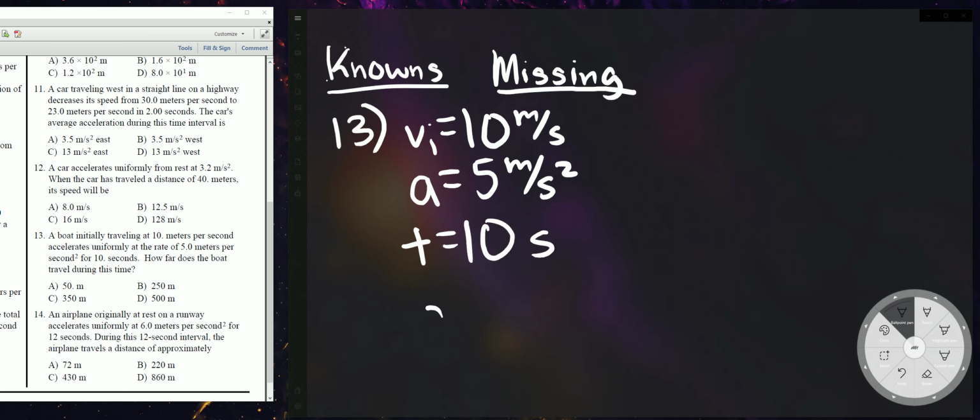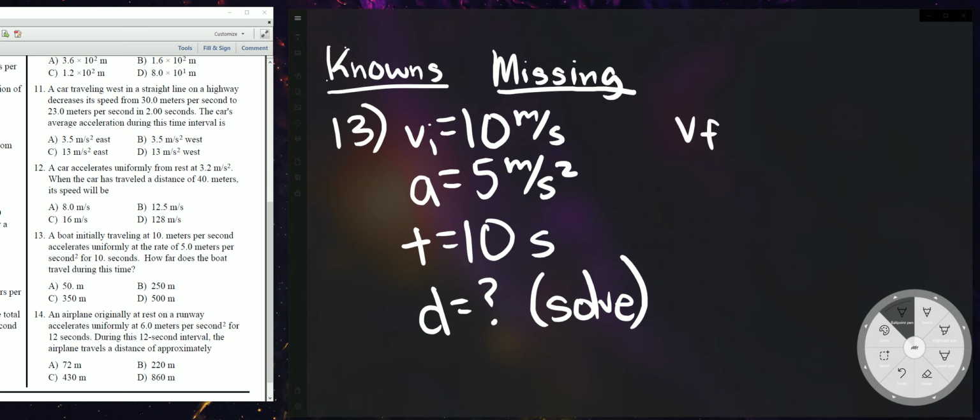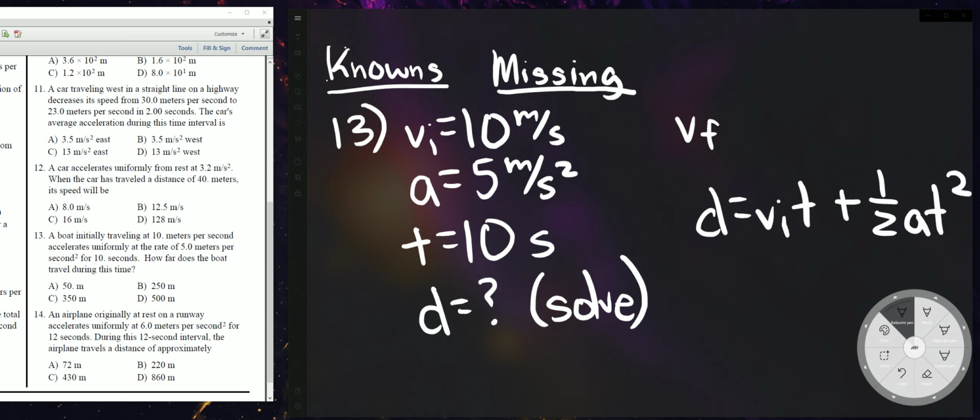So how far does the boat travel? You want to find out d. Solve. So what are you missing? You're missing vf. Which formula does not require vf, but has all of these? You're going to use this formula to solve it.